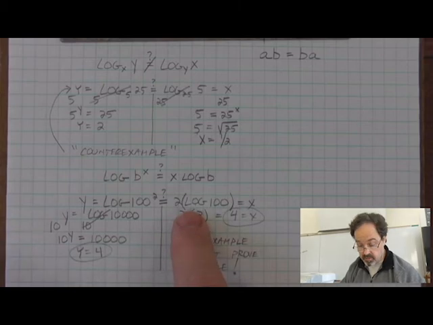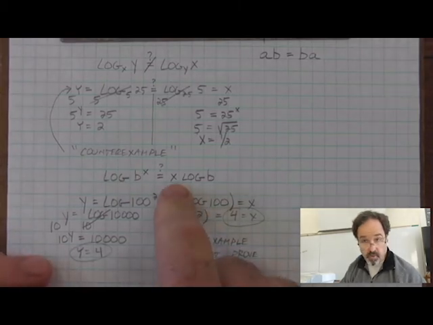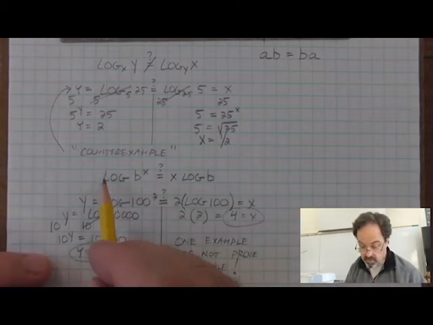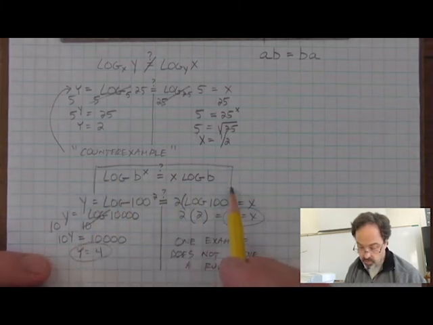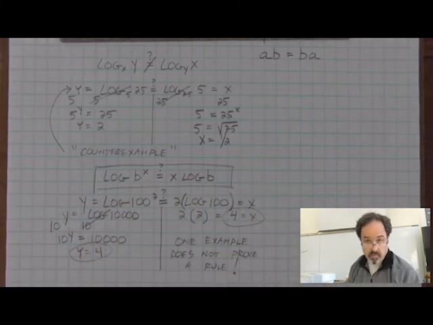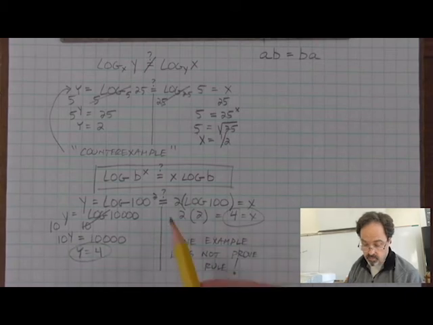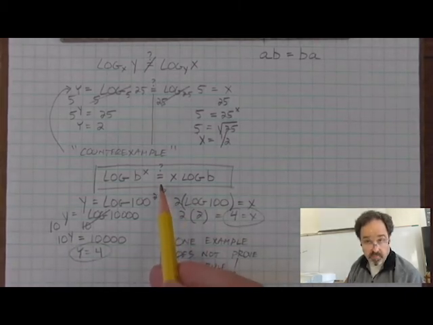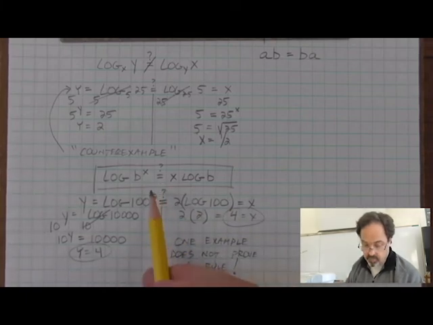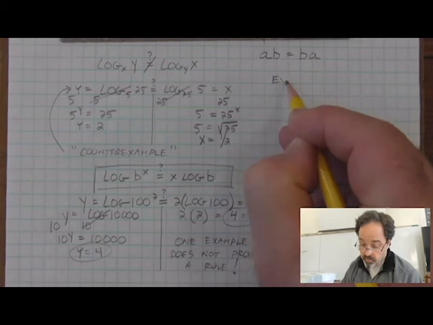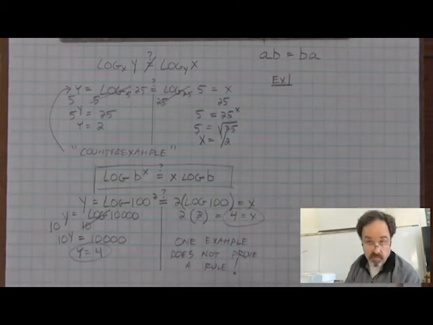That doesn't automatically mean that this is a property of logs, but it is. And proving it would require some more sophisticated number theory and algebra in order to prove that this is indeed true for all cases. But we could take it for granted this is a property of logarithms that will always work. Let's use it in an example.